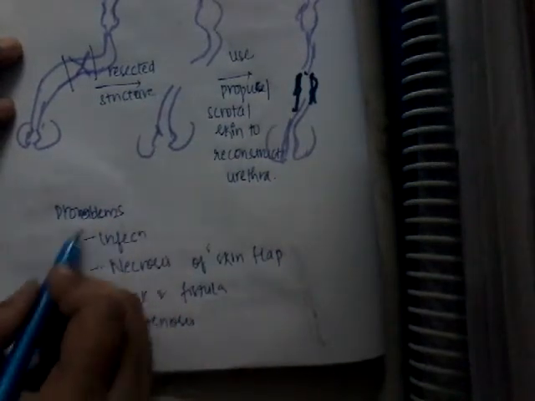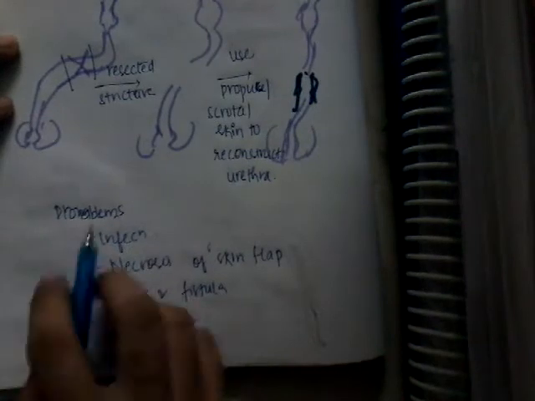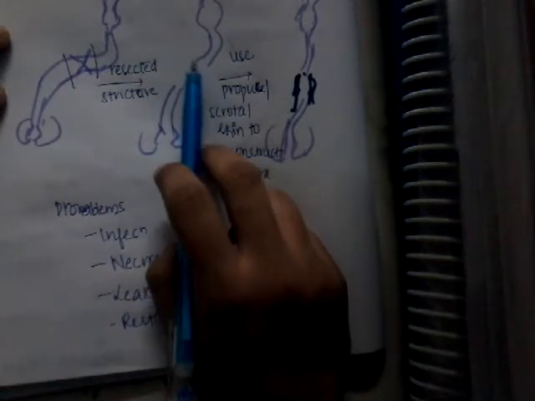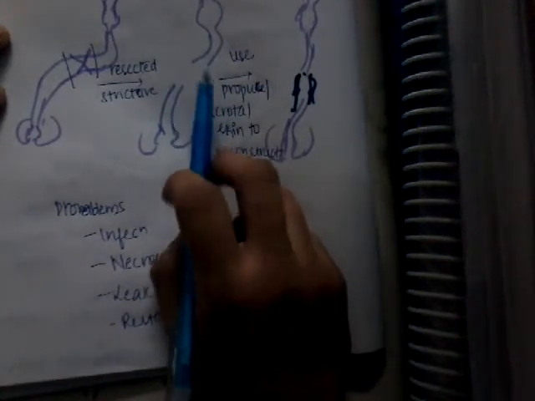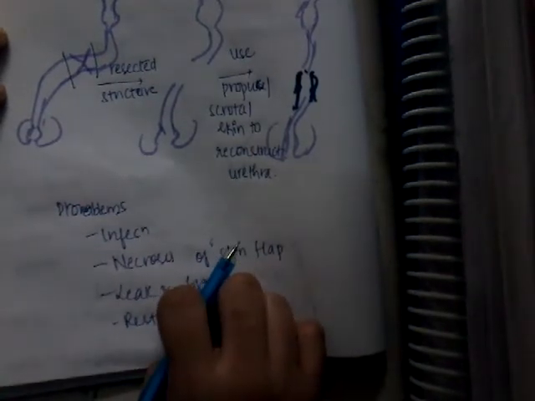There is a chance of infection for every operation, and whenever the anastomosis is not done properly, in those cases there may be leak, and sometimes there may be fistula formation, and sometimes recurrence of the disease may occur.